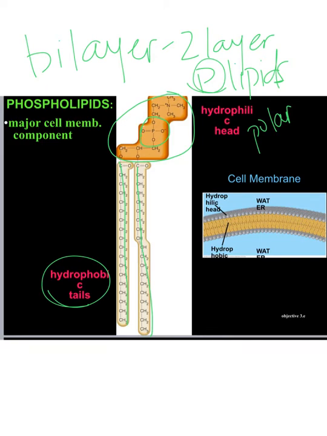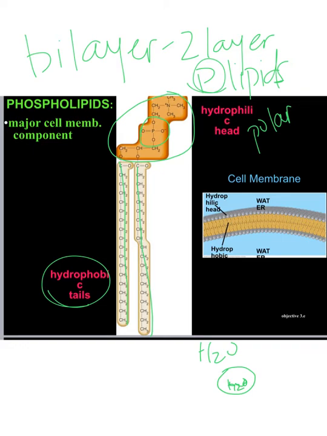So remember what we talked about in chapter 2, that almost all of the inside of your cells is water and almost all of the outside of your cells is water. So we want to have cell membranes that have parts that they can interact with water.